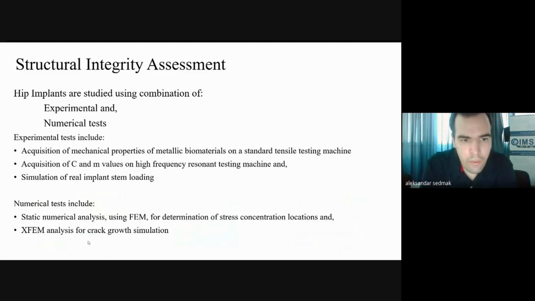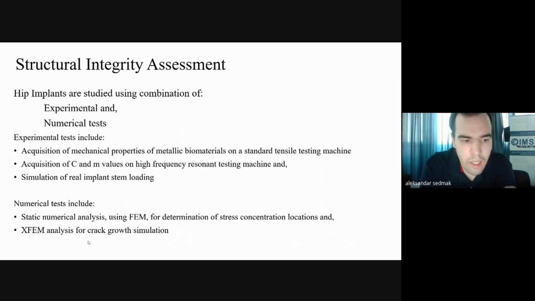So our studies of hip implant tests include experimental and numerical tests. In experimental tests, we include acquisition of mechanical properties of metallic biomaterials on standard tensile testing machines. That is when you need to acquire basic data from the metallic alloy you are using for the hip implant.